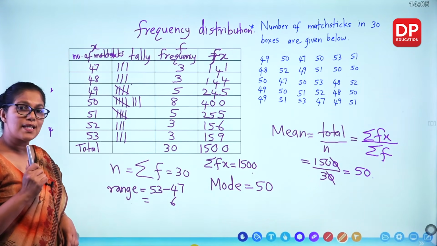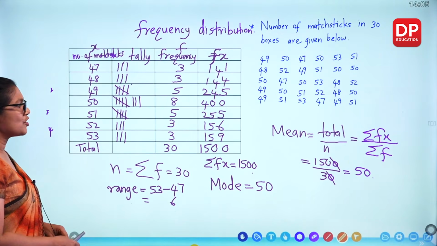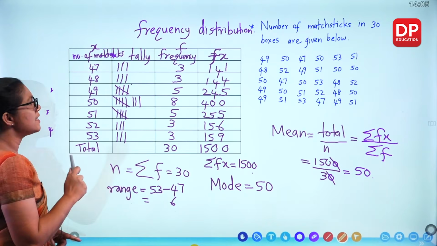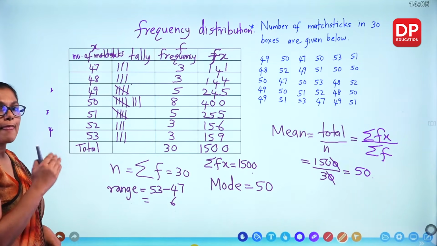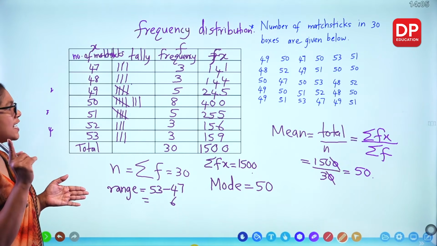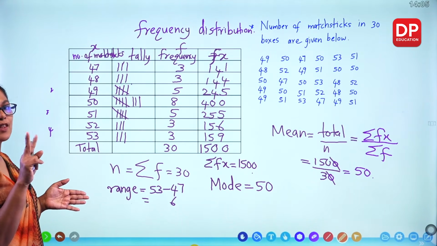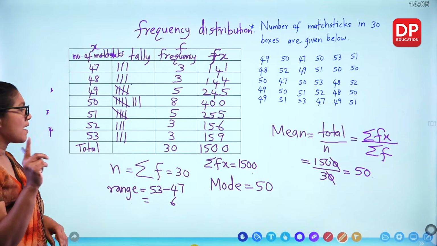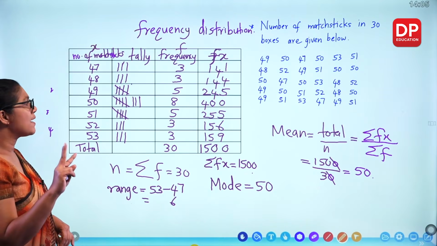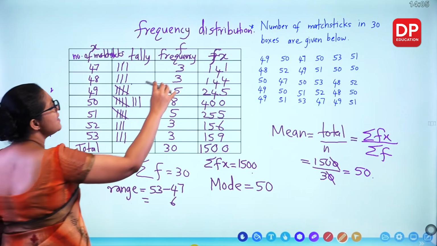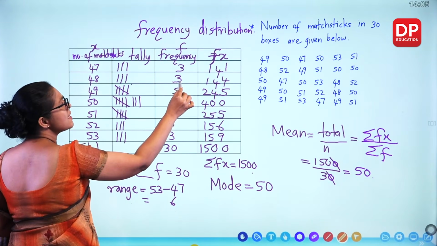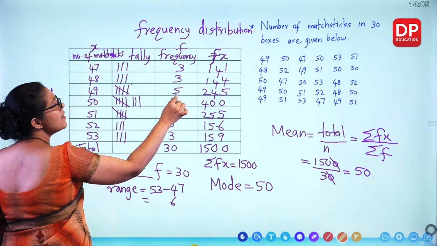If I ask what's the median value, what do you do? Roughly 30 boxes are there. So what's the middle? 30 divided by 2 is 15, and the 15th and 16th ones are the middle numbers. When you get a whole number, 15 plus 16. So you can add and see where you get the 15th in the table. 3 plus 3, 6. 6 plus 5, 11.